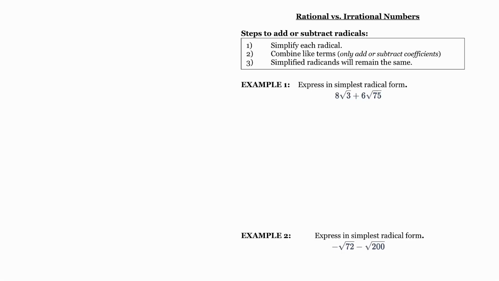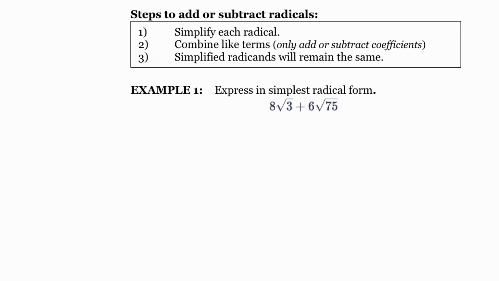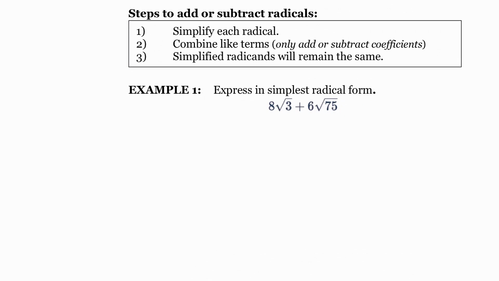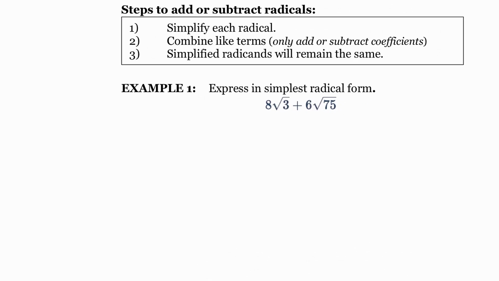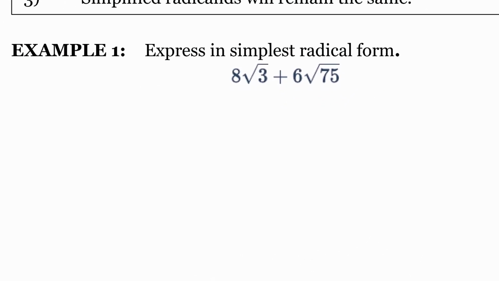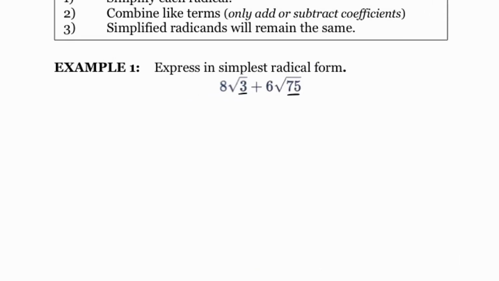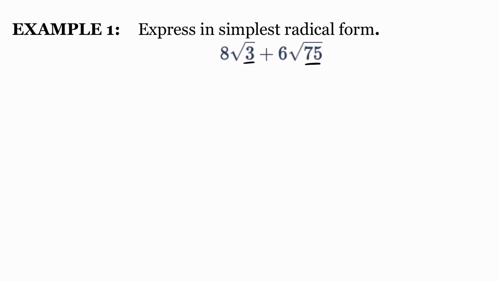All right, so first thing we're going to do is add or subtract radicals. To do that, the first step we've got to do is simplify the radical. To simplify the radical, we've done this before, is to look inside the radical and see if we can simplify it.